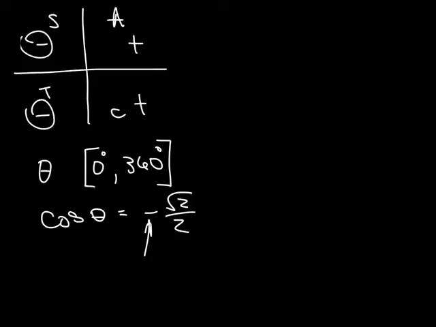So because there's no way of finding out whether it's in quadrant 3 or in quadrant 2, we're going to find the answers for both of them because it said find all values. It doesn't really matter. We're just going to find both of them. So let's see.